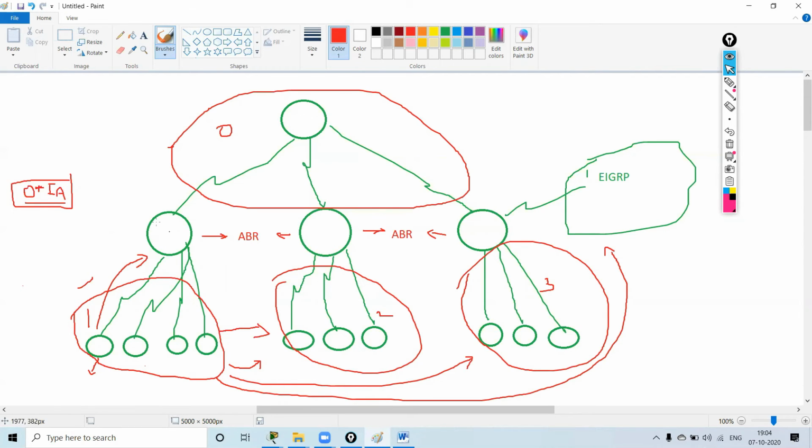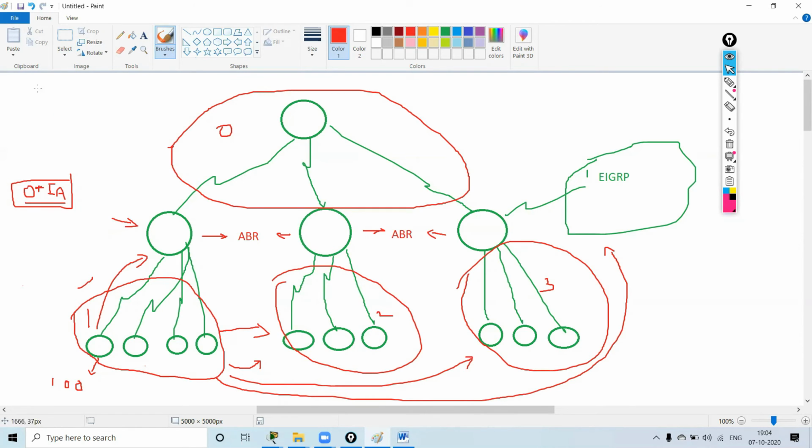Now this ABR will be having all the information about all the networks. Suppose in this router I am having some 100 routes, and all the areas are also having some 100 routes.